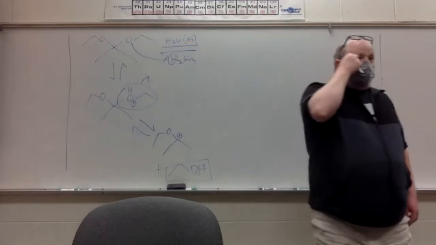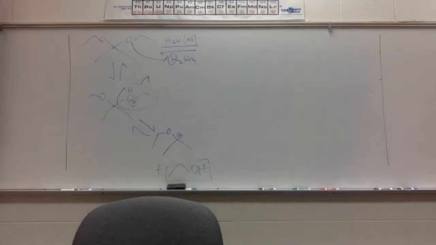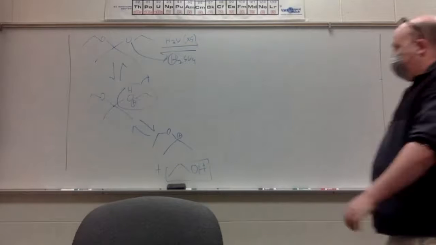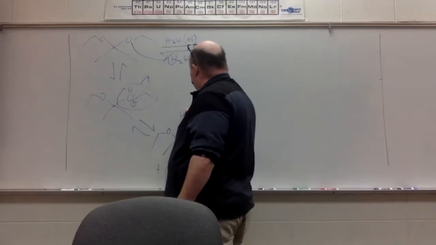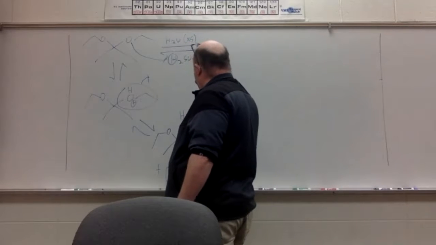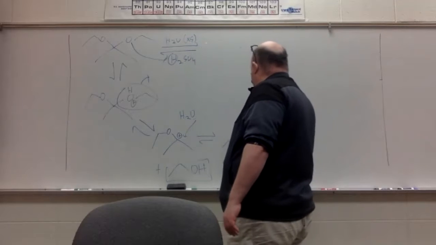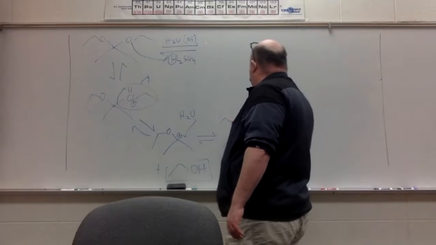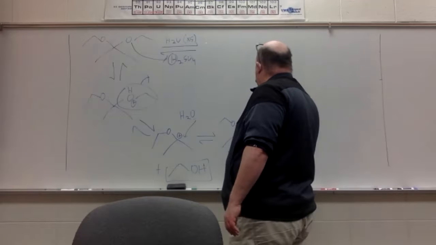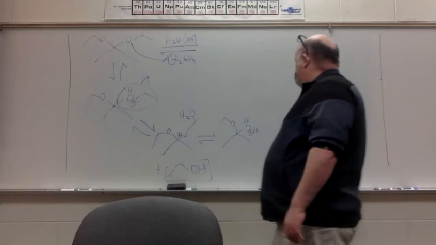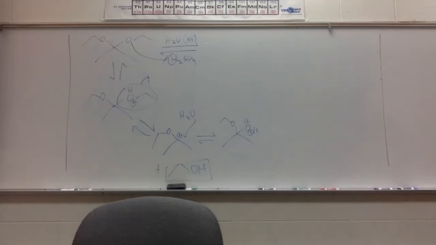All right, so what happens now to the carbocation? H2O. We have a bunch of H2O over there. That can come in. All right. So it gives them that. Now what?